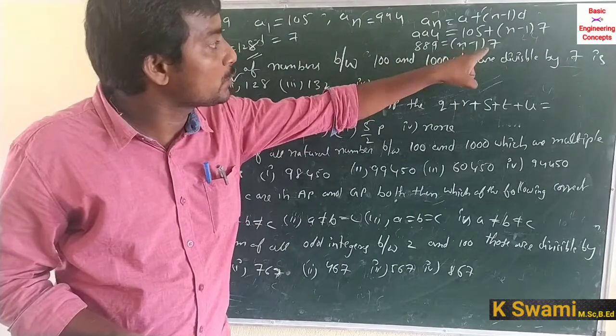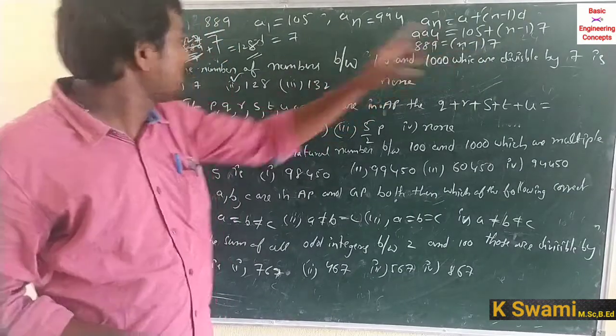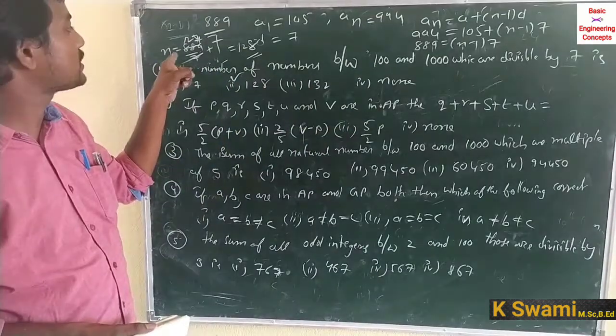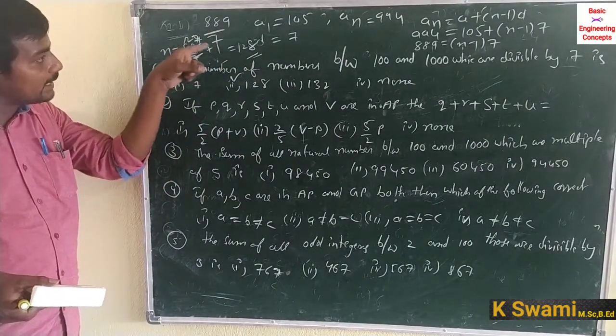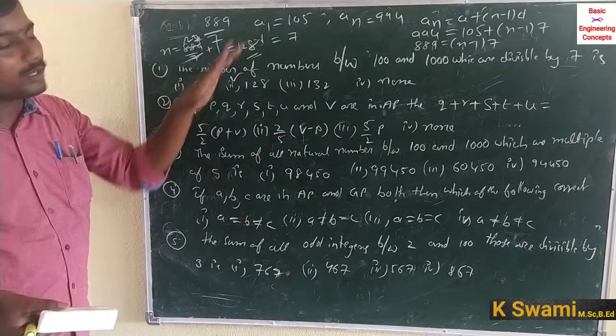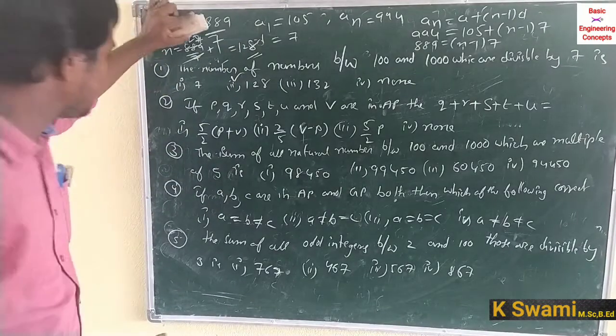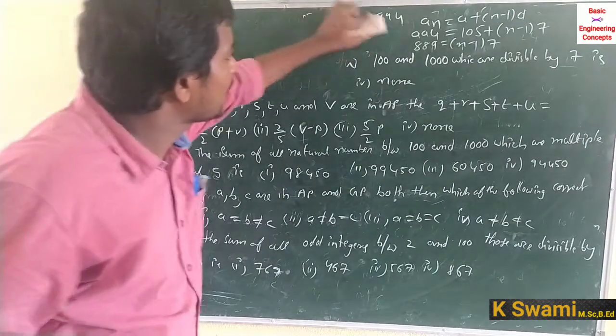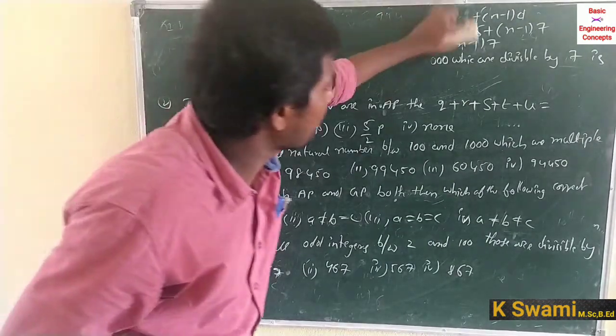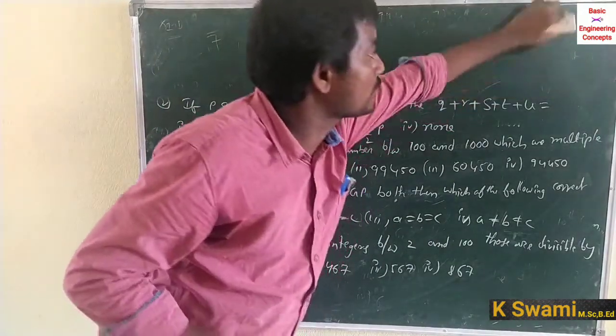N minus 1 into d is equal to 889. N minus 1 is equal to 889 by 7, and n is equal to 127 plus 1. So 128. 128 is the correct option. కన్ఫ్యూజ్ ఏమవద్దు. ఒకసారి మళ్ళీ చూస్తే మీకు క్లియర్‌గా అర్థమవుతుంది. ఒకసారి ఫార్వర్డ్ చేస్తే మీకు ఆ క్వశ్చన్ అనేది క్లియర్‌గా అర్థం అవడం జరుగుతుంది.